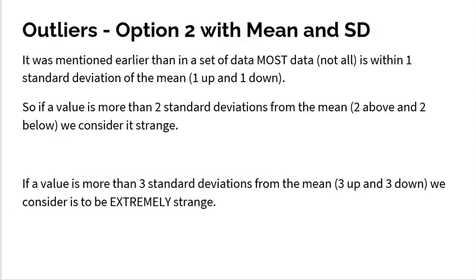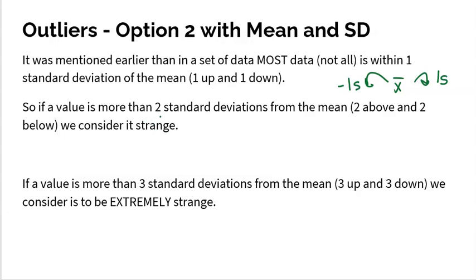Remember I mentioned multiple times earlier that most data, not all, is within one standard deviation of the mean, meaning one above to one below. If we have our mean and we add one standard deviation and subtract one standard deviation, that range is very common, very typical, very normal data.